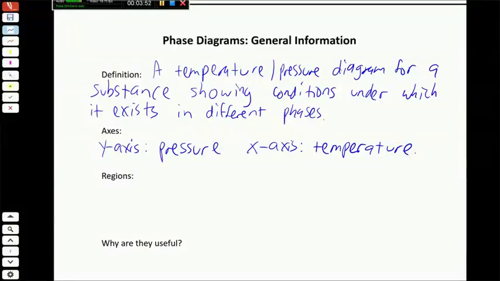Then you're going to have some lines and curves on the diagram that separate the different phases of matter, solid, liquid, and gas. You're going to have different regions on the diagram that correspond to each phase of matter. In the simplest phase diagram, you would just have three regions: solid, liquid, and gas.